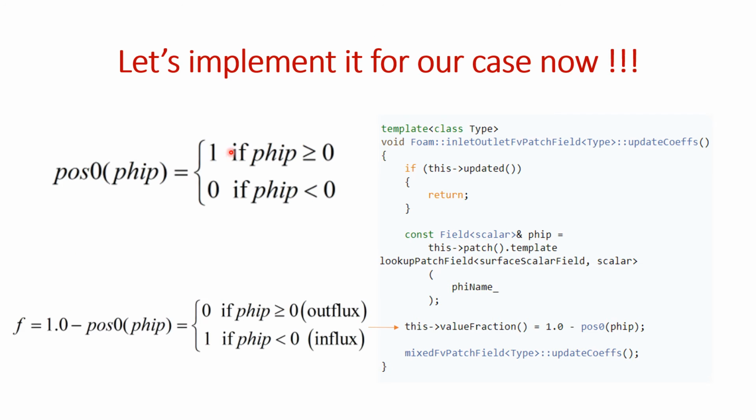So 1 minus 1 is going to give 0, and 1 minus 0 is going to give the value 1. So value fraction takes a value of 0 when it is an outflux, and value fraction takes the value of 1 when it is an influx. So this is how it is implemented in the OpenFOAM code. Value fraction is equal to 1 minus PosZero phi p.